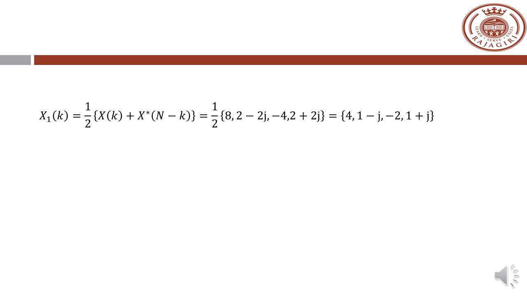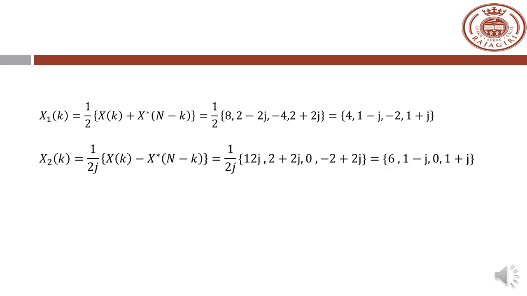So, these are the answers for x1 of k and x2 of k. So, by simply finding one 4-point DFT, which is x of k, and by substitutions to find x conjugate of n minus k, we have found out two 4-point DFTs, x1 of k and x2 of k.